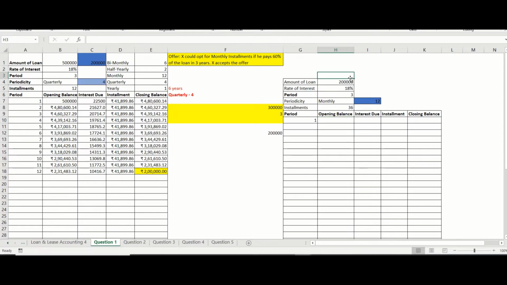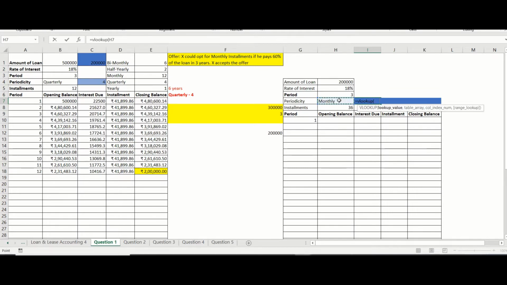So here the amount of the loan will be 2 lakh. Rate is the same as per the question. Period is 3. Why? Because 3 years are done, the remaining years are 3, right? Periodicity is monthly. Here I will again use my VLOOKUP function.